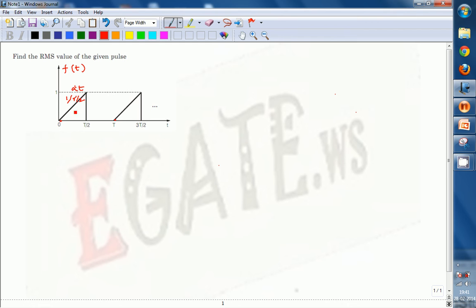then it becomes 2 by T, 2 by capital T into t, and over T by 2 to T, its value is 0.